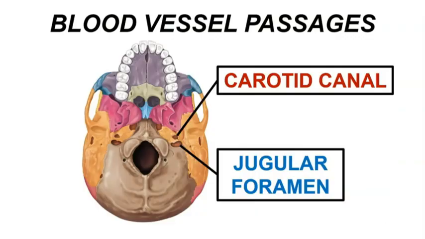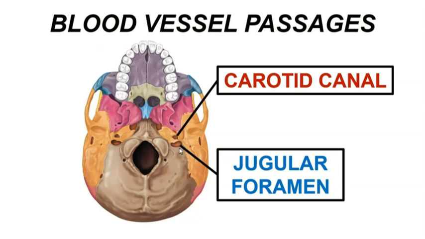Again, in looking at the underside of the skull from an inferior viewpoint here, we see passages for blood vessels, and we have two pairs of passageways for blood vessels. The large jugular foramen is in closest proximity to the occipital condyles here.